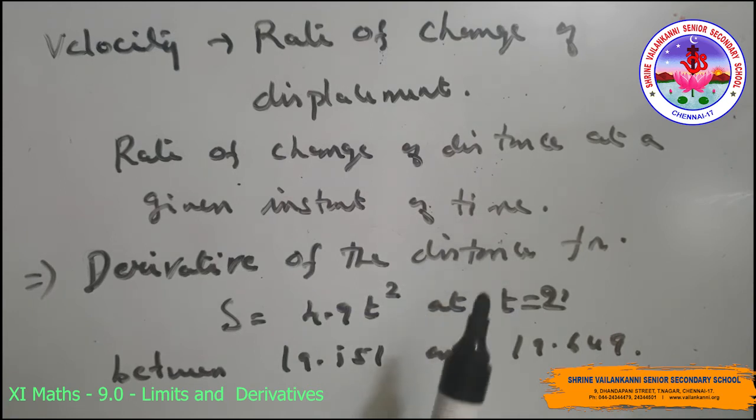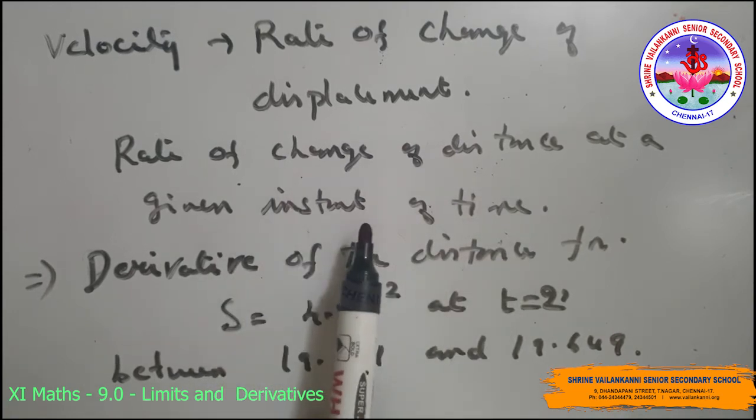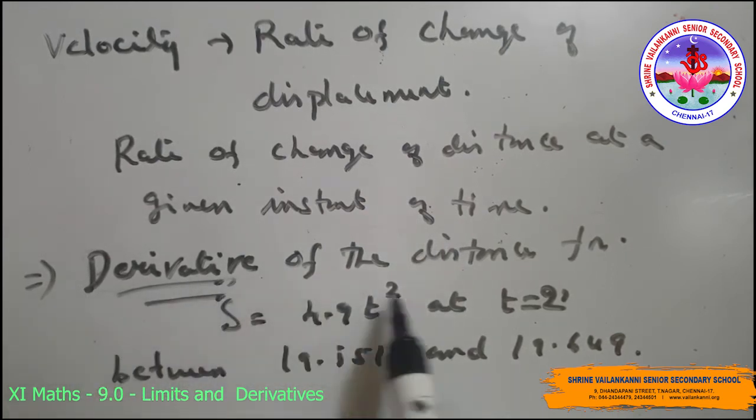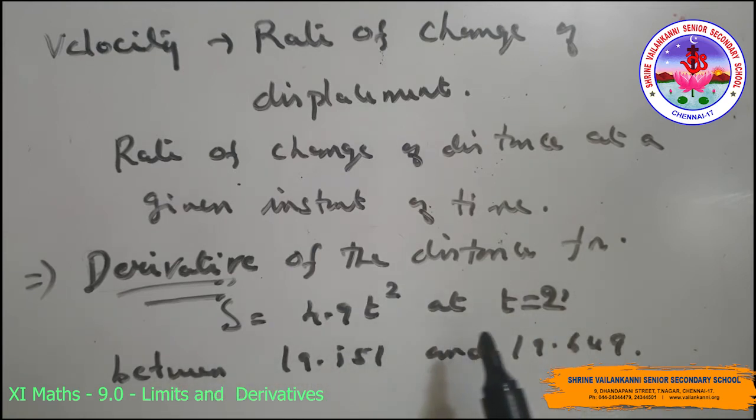So we say that the derivative of the distance function s equal to 4.9 t square at t equal to 2 is between 19.551 and 19.649. We can say that the rate of change of distance, which is the derivative of the distance function at t equal to 2, is between 19.551 and 19.649 meter per second.